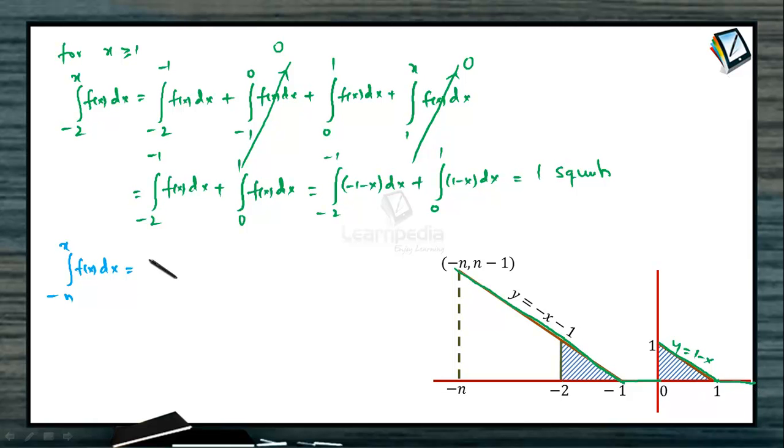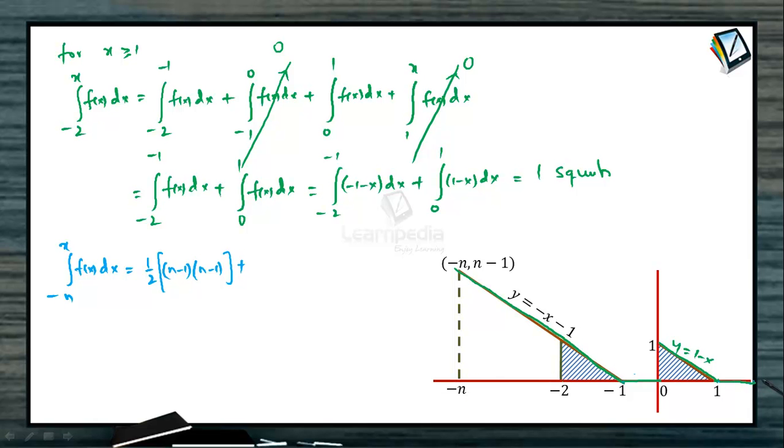That means this would be half times the area of the triangle found on the left side of the y-axis. That would be half times the base length, from minus 1 to minus 1 minus n, so that would be n minus 1 units, and the height will also be n minus 1 units, plus there is also another portion between minus 1 and 0, where the area is 0. Beyond 1, the area is 0.